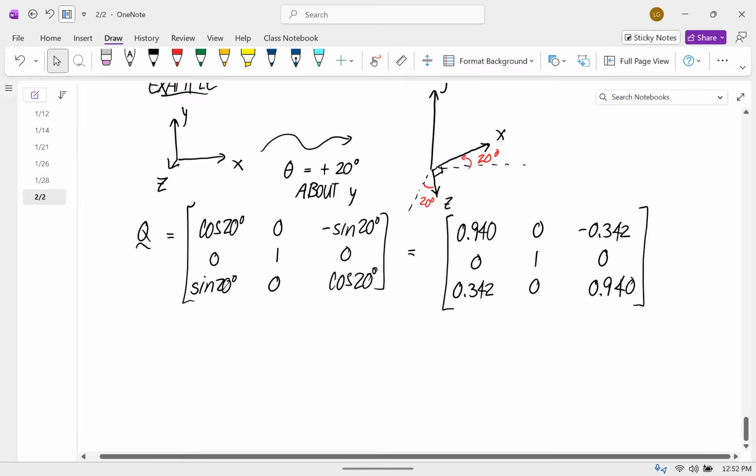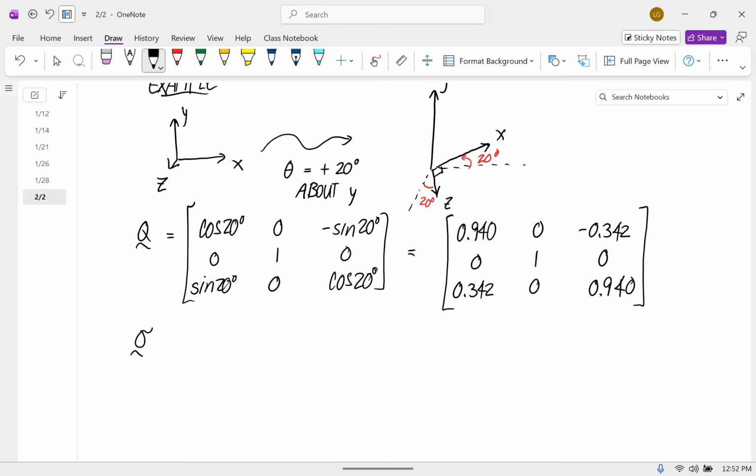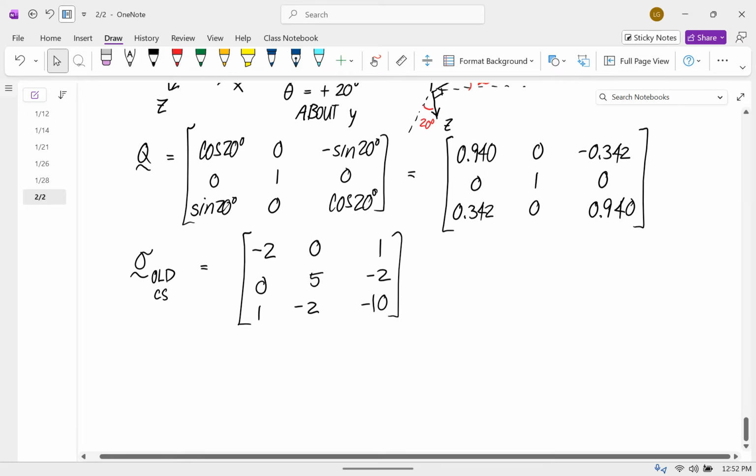And then I'll just make something up for this. So let's say negative 2, 0, 1, 0, 5, negative 2, 1, negative 2, negative 10. Check and make sure it's symmetric. Everything goes haywire with these if it's not symmetric.